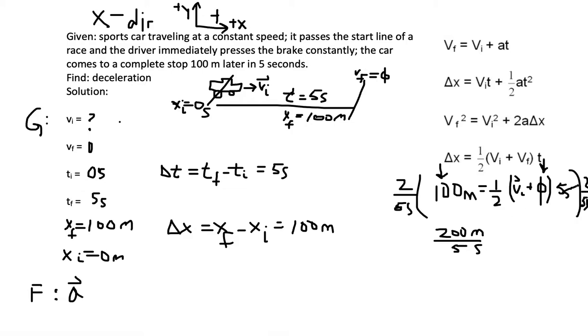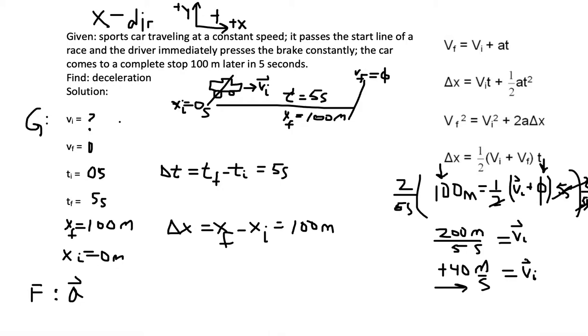The 2 crosses out with the 1/2, and 5 seconds crosses out with 5 seconds, and we're left with only V initial on the right-hand side. 200 divided by 5: 5 goes into 20 four times, so we have 40, and the units are meters per second. So now we know the initial speed. Notice the value is positive, and positive is to the right in our coordinate system, so the object is going to the right, which is what we expect for V initial.